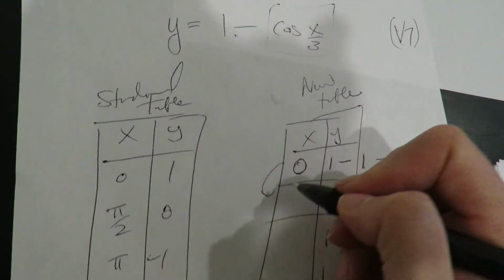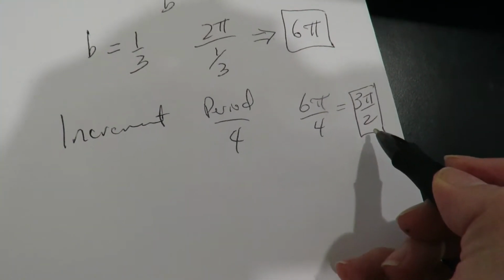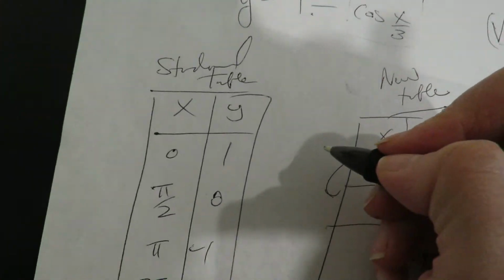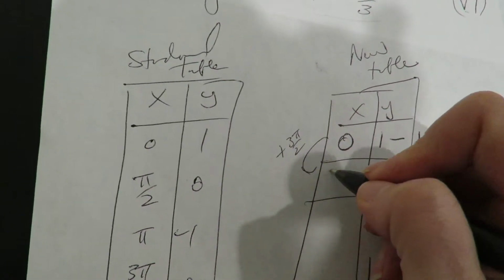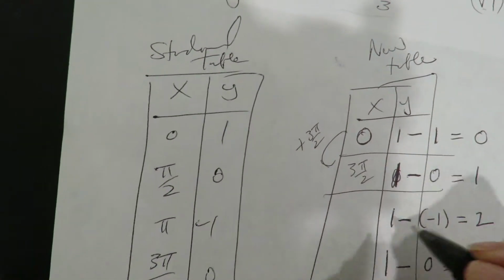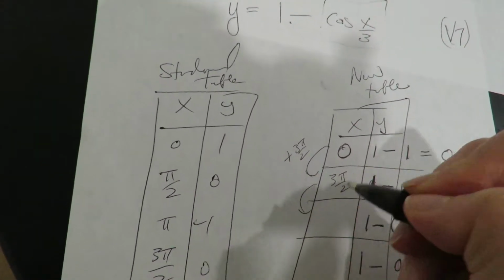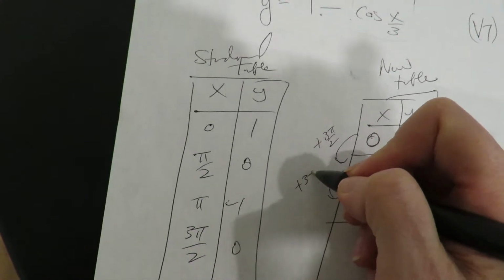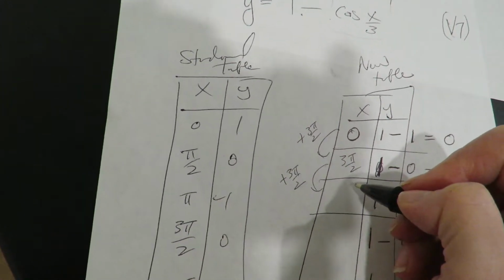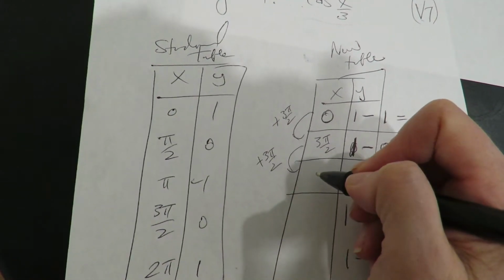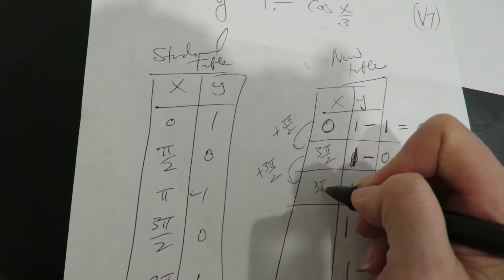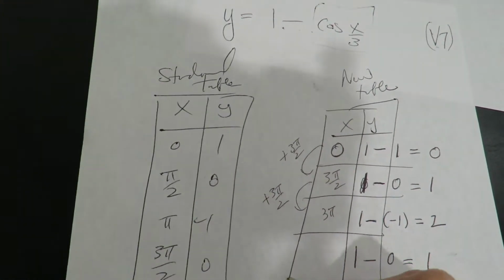Okay, so to get to the next value, I have to add the increment, which is 3 pi over 2. So I'm going to add 3 pi over 2 here, so I'm going to get 3 pi over 2. I'm going to add again the increment, which is 3 pi over 2. 3 pi over 2 is going to be 6 pi over 2. 6 divided by 2 is 3 pi. And I'm going to do the next one.